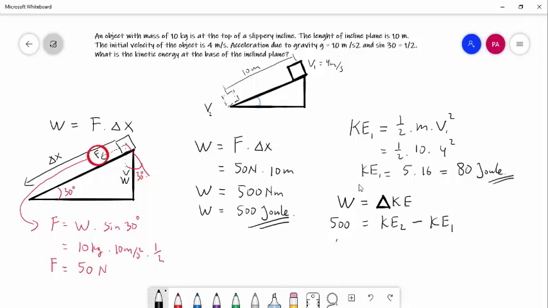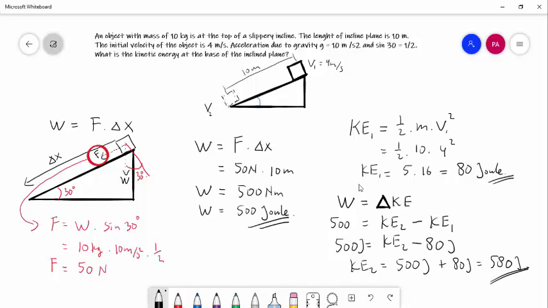So 500 equals kinetic energy 2 minus 80 joules. So kinetic energy 2 equals 500 joules plus 80 joules equals 580 joules. This is the kinetic energy at the base of the inclined plane.